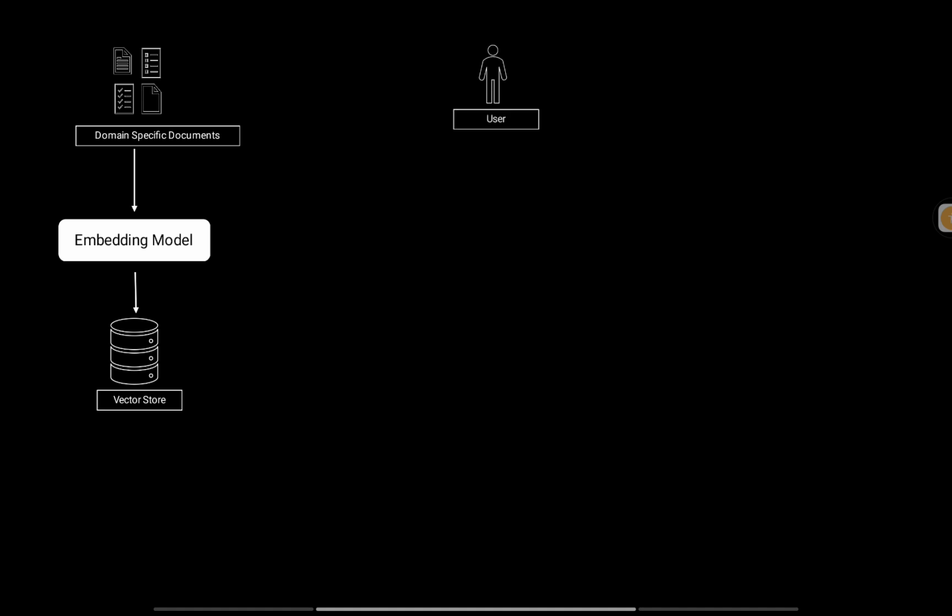And now a user comes with a question. That question may not have the context, right? That question may be specific to a particular domain, or it can be a question related to the recent happenings in the world.